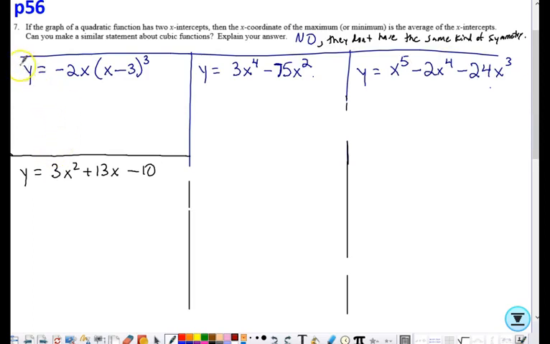So for this first one, I'll just do this first one. It's already factored. We got a root at 3 and 0. I have an even degree because a multiplicity of 1 and 3 makes 4. And then negative leading coefficient, so all of my end behaviors will point down.